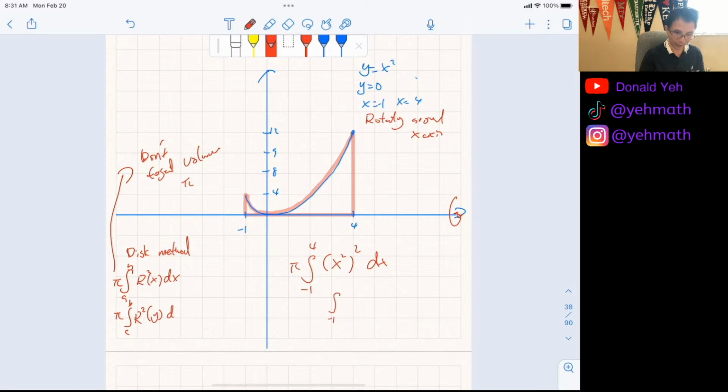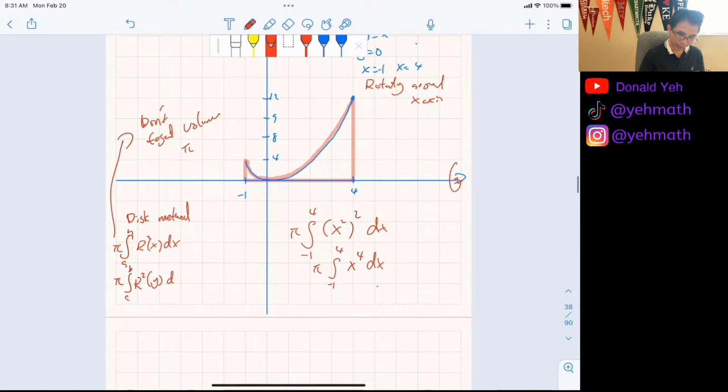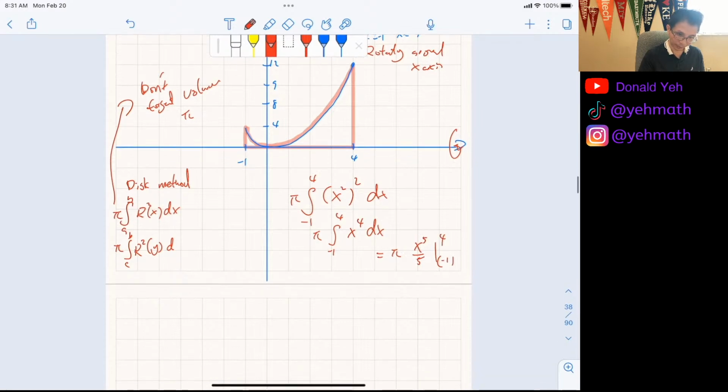It's going to be -1 to 4, x to the 4 dx, times pi, and that's equal to pi times x to the 5 over 5 between 4 and -1. So that means pi, 4 to the 5th power is what? 1024. 1024, thank you.